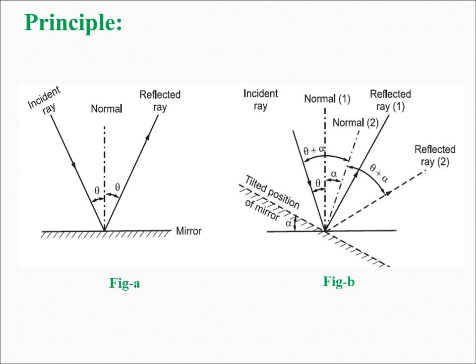So the total angle between the incident ray and the reflected ray is twice theta plus alpha. It means twice theta plus twice alpha. So it is double the magnification. This is the basic principle involved in the optical comparator.